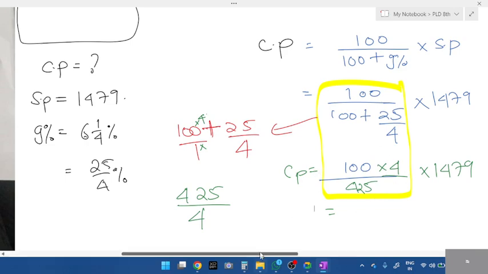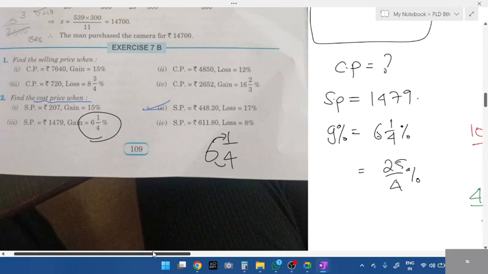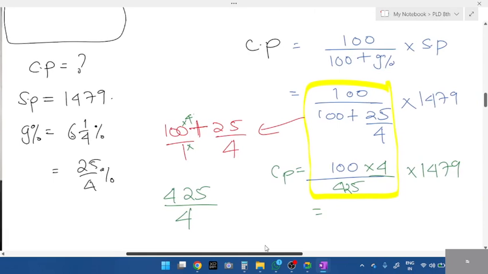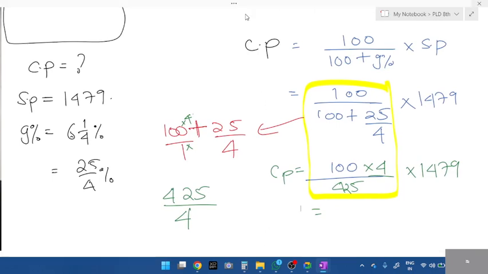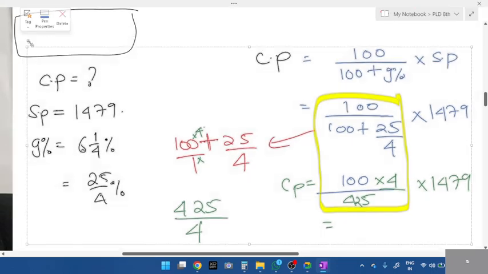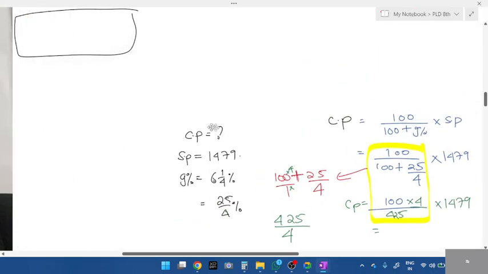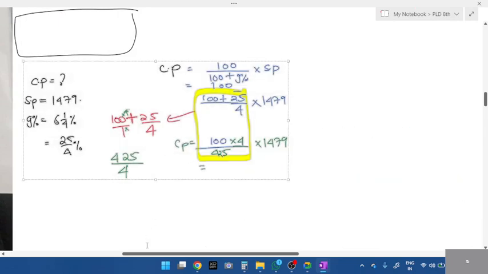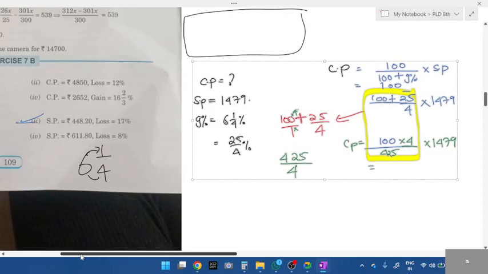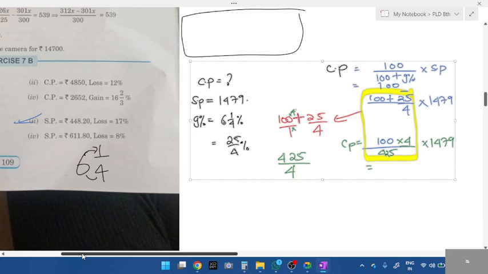And whoever does this, I want you all to try the second last question. Complete this and try the second last question. I'll give you 5 minutes time.